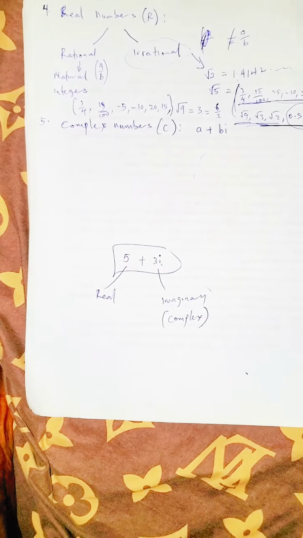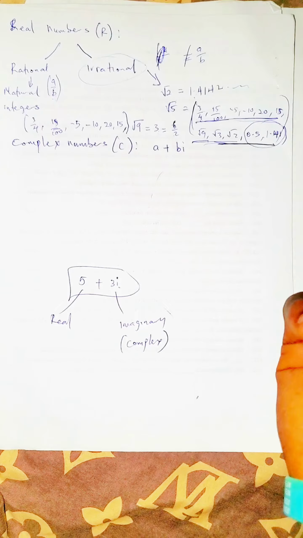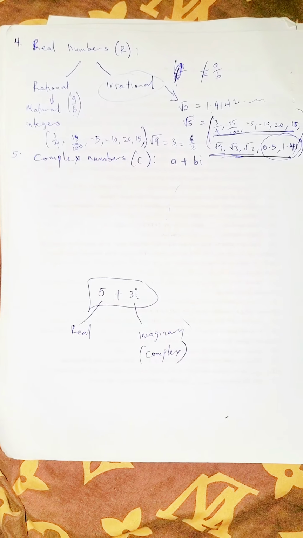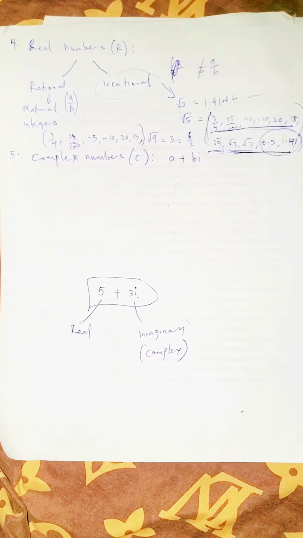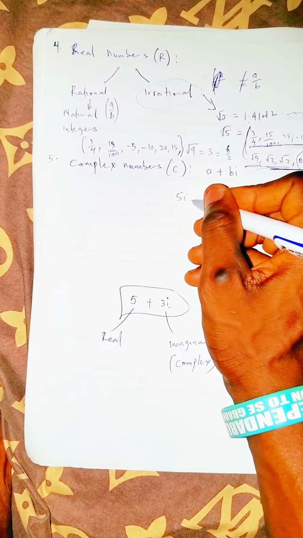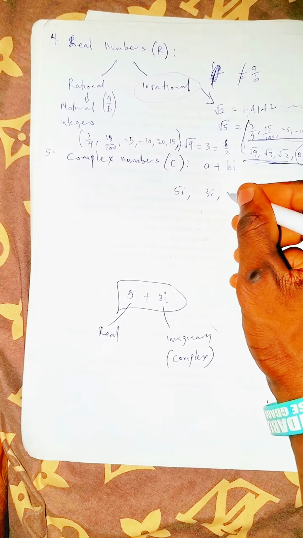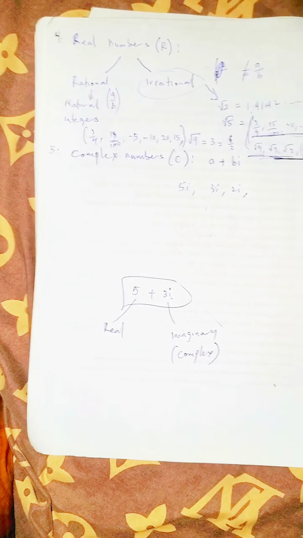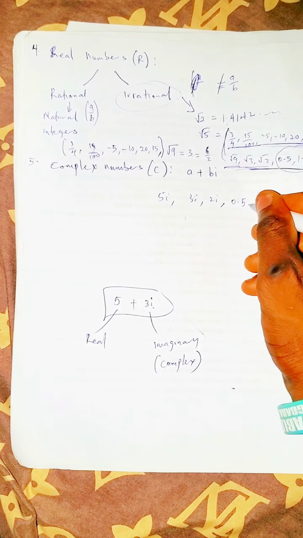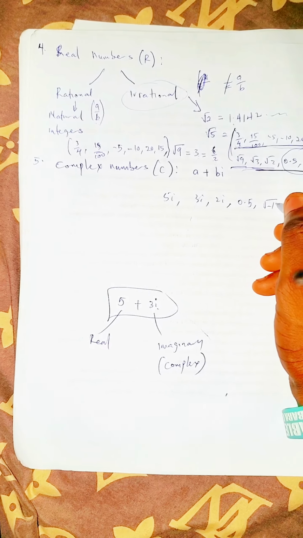I told you that a complex number is in the form a plus bi, and that they are under imaginary. You can have 5i, 3i, 2i. You can express this to some reasonable extent with a decimal number like 0.5. You can even have root of minus 6.